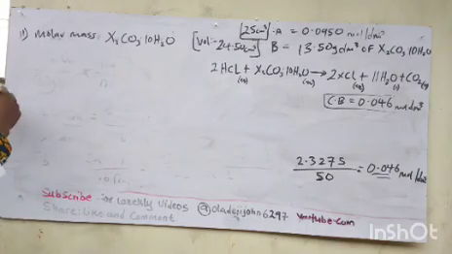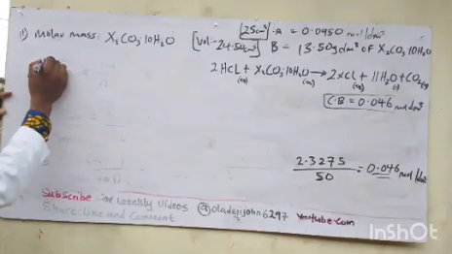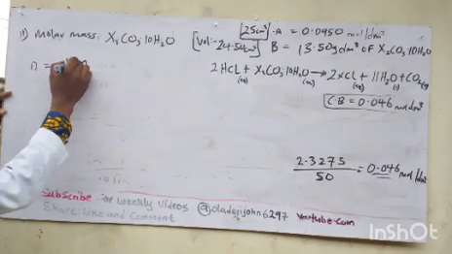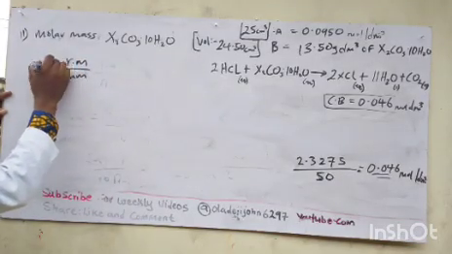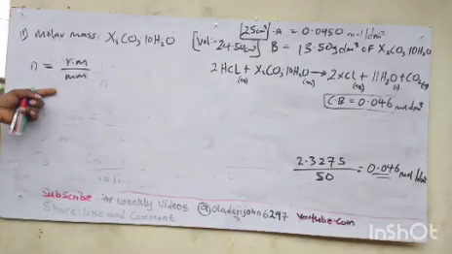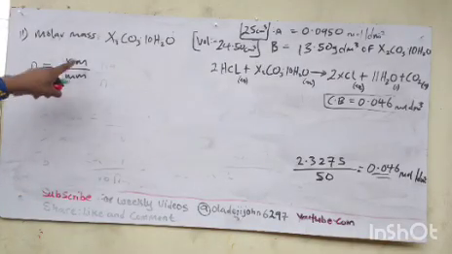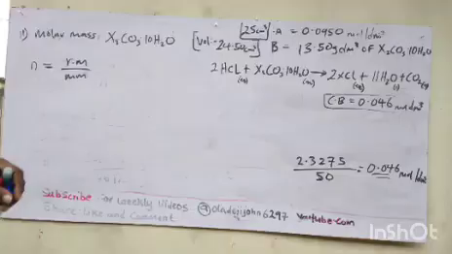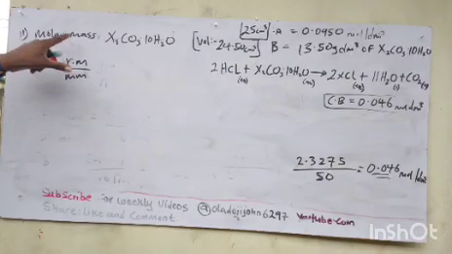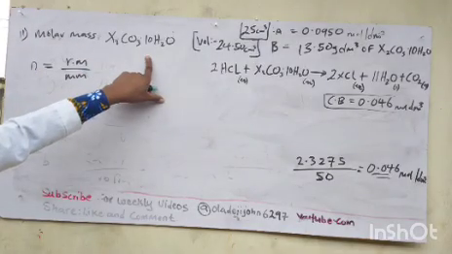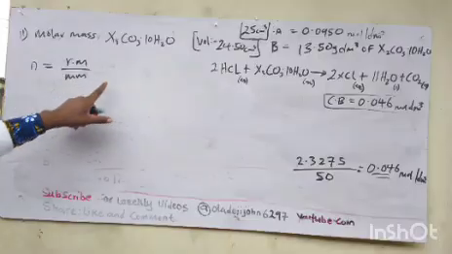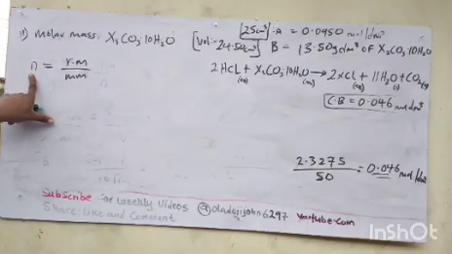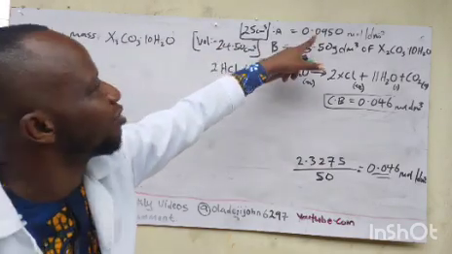We have number of mole equals reacting mass over molar mass. We can use this formula. Mind you, molar mass of what are we looking for? Molar mass of base. So if you are calculating the molar mass and the number of mole, it must be that of base, not that of acid.